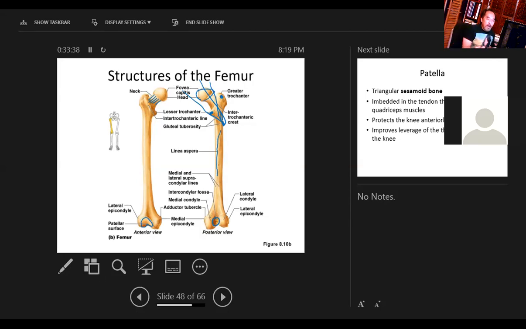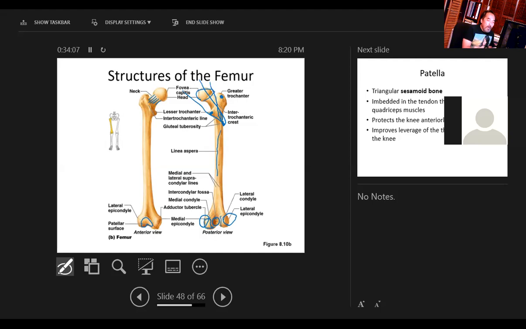On the distal end, again, lateral epicondyle, medial epicondyle. We had that on the humerus. Same name, same location. The only difference is this: if you look at this structure below the epicondyle, it looks like the wheels of a motorcycle.